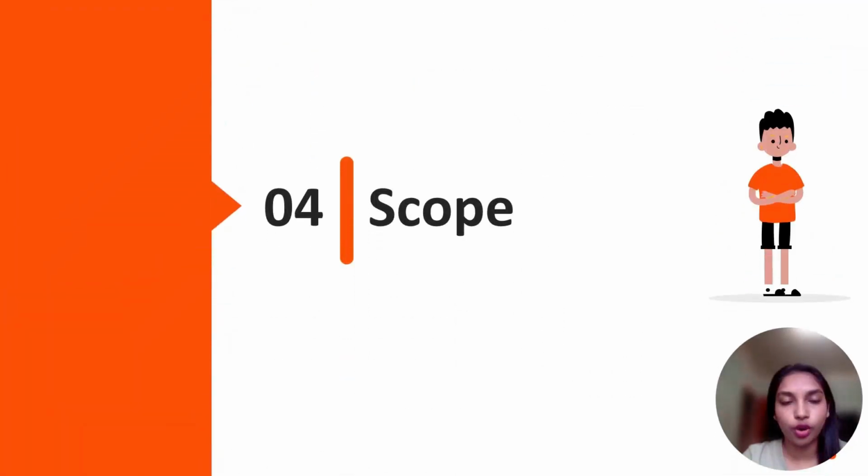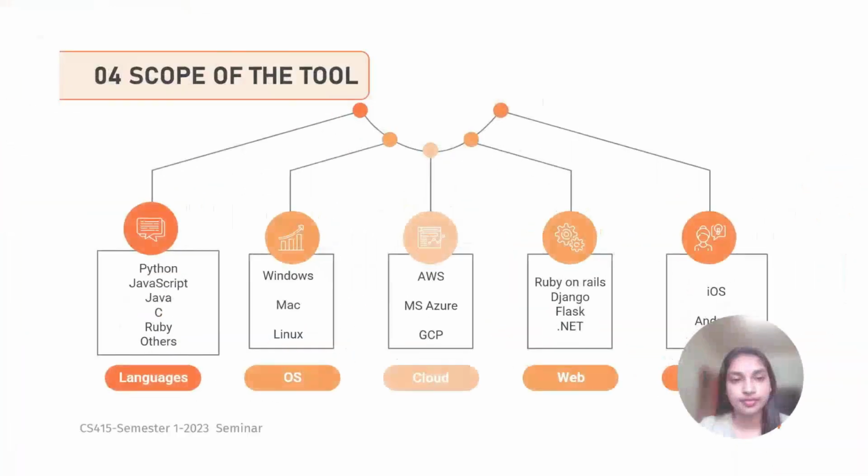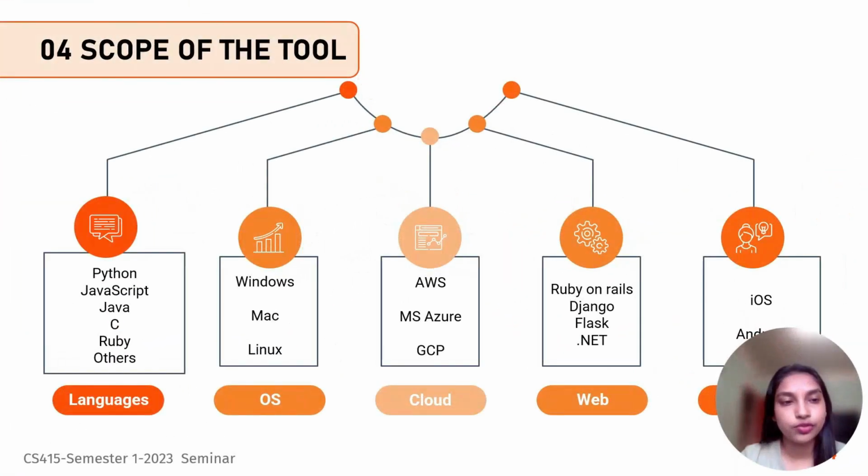Moving on to the scope of GitHub. GitHub can be used for programming languages such as Java, Python, JavaScript, C languages, Ruby, and others. The operating systems supported are Windows, Mac, and Linux.